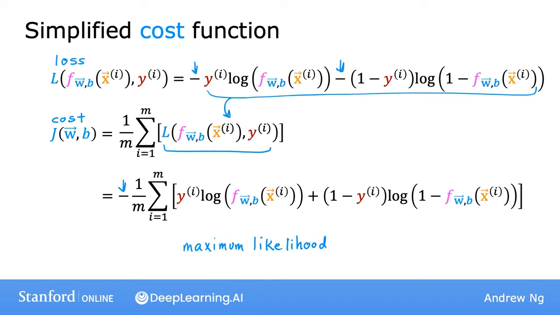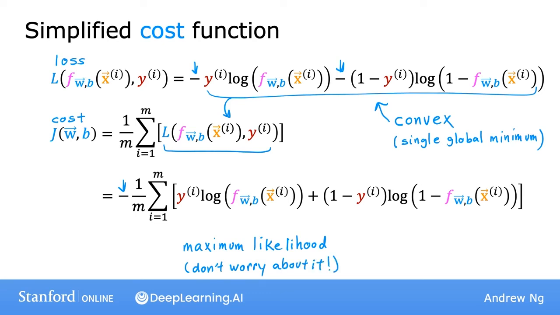And this cost function has the nice property that it is convex. But don't worry about learning the details of maximum likelihood. It's just a deeper rationale and justification behind this particular cost function.